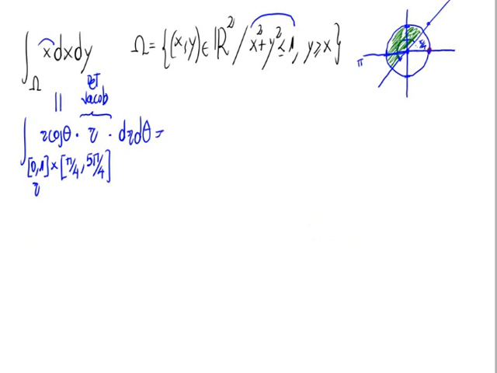Let's erase this down here and let's calculate this integral we have. So we can choose if integrating it first from the radius or the argument. Let's go first with the argument, and theta goes from pi quarters to 5 pi quarters.